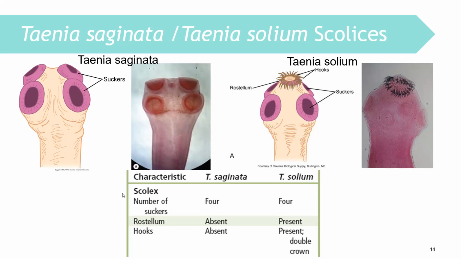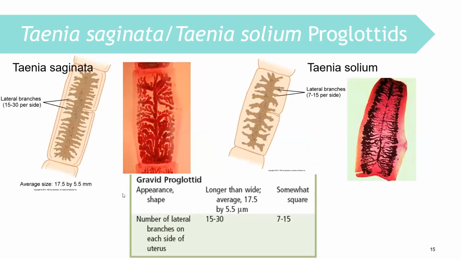Another thing that will help us to differentiate solium from saginata is their proglottids or the body. For Taenia saginata, we have what we call the uterine branches. And these uterine branches are sometimes referred to as the lateral branches on each side of the proglottids, and will help us to differentiate whether it is a saginata or solium.